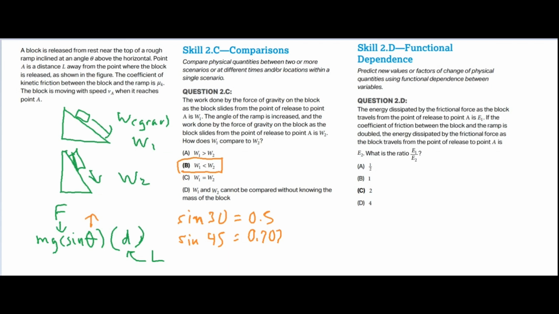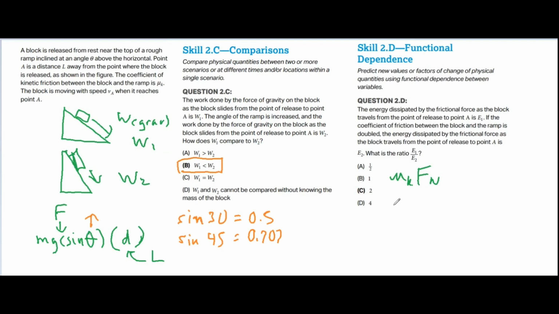All right, so let's take a look at this last one. We have the energy dissipated by the frictional force as the block travels from the point of release to point A is called E1. And if the coefficient of friction between the block and the ramp is doubled, the energy dissipated by the frictional force as the block travels from the point of release to point A is E2. This is something we sort of looked at earlier as well, which is taking the coefficient of friction times the normal force.